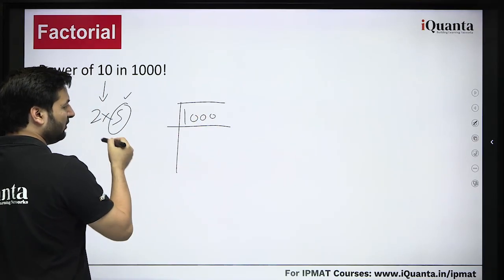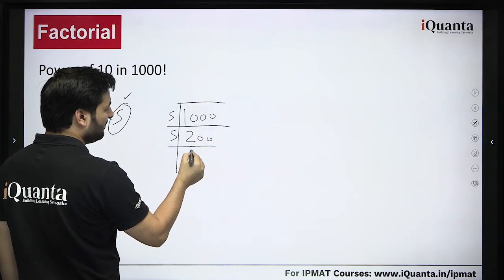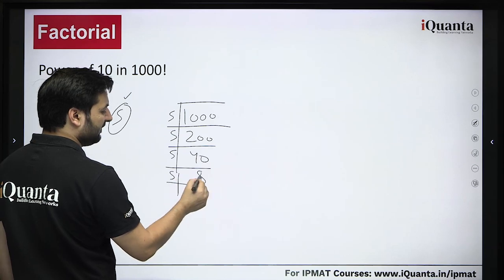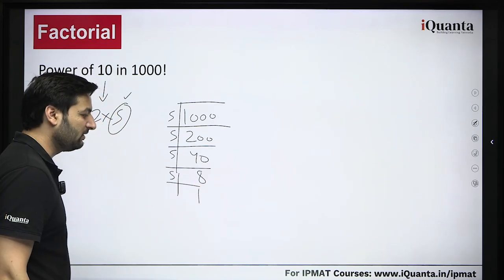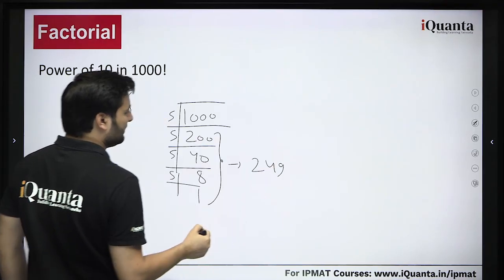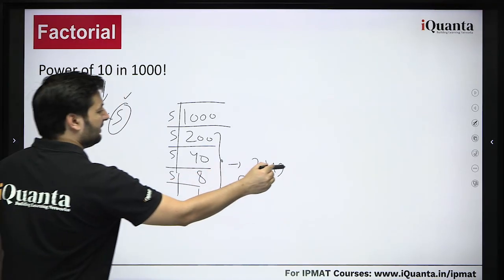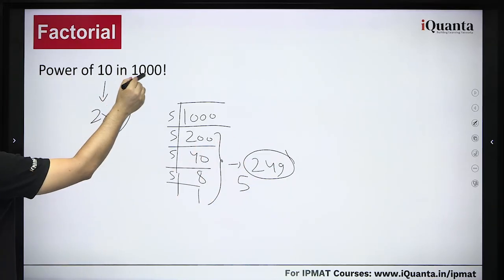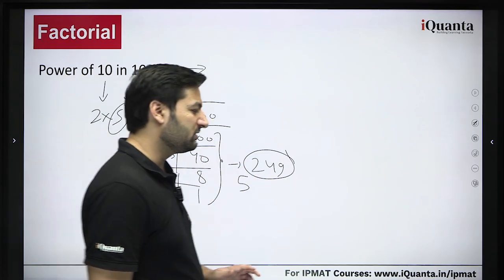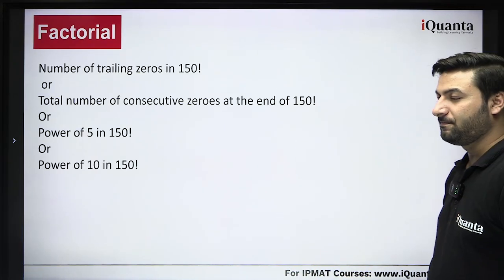If you start finding out the power of 5, 5 into 200 is 1000, so this will go 200 times, then 5 into 40 is 200, then 5 goes into 8 about 1.6 times, we will just write 1. So, add these numbers, that is 249. So, this is 5 to the power 249, and this will be my answer for the question, because 5 is the limiting prime. I told you this concept in the first question. I hope it is clear.